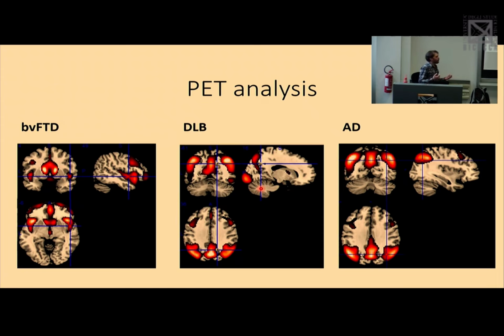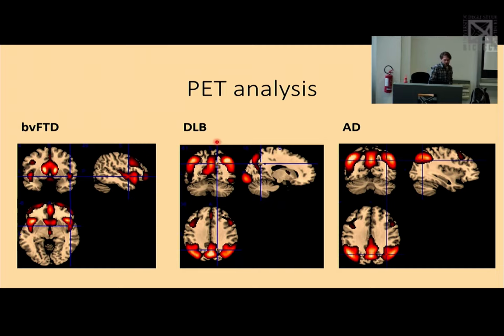If you do a group analysis of FDG images in the way that I've shown you before, a t-test between healthy and non-healthy subjects, and these are like 20 subjects against 100 subjects, you get an extremely specific pattern. So what you can see here is that the frontotemporal dementia starts with the frontotemporal lobe of the brain, of course, shutting down.